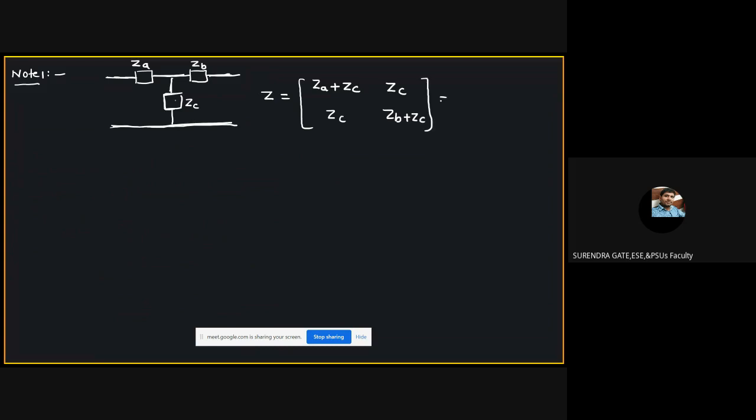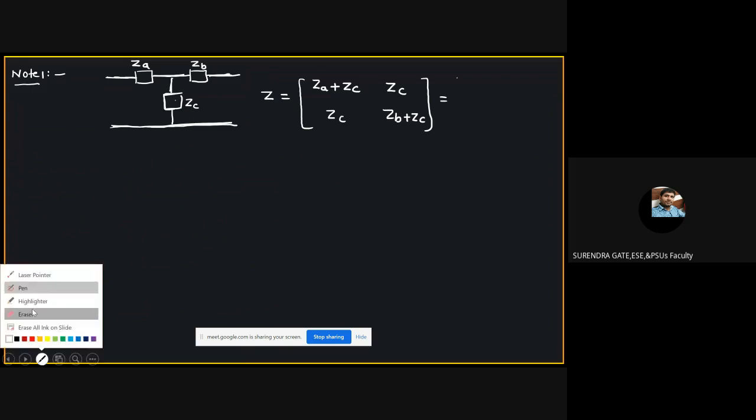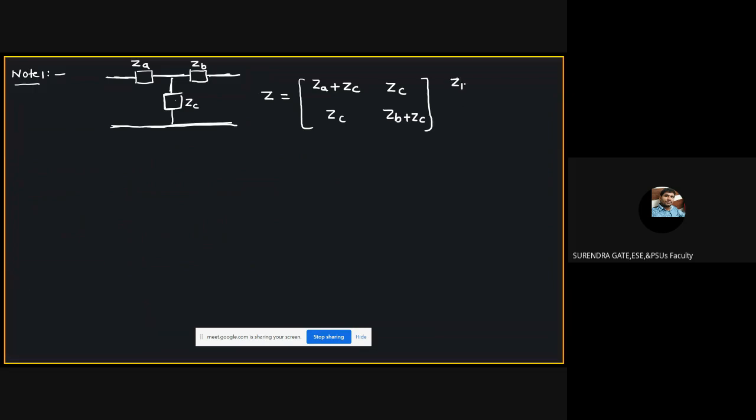Understand, students? That means Z11 equal to ZA plus ZC, Z12 equal to Z21 equal to ZC, and Z22 equal to ZB plus ZC.